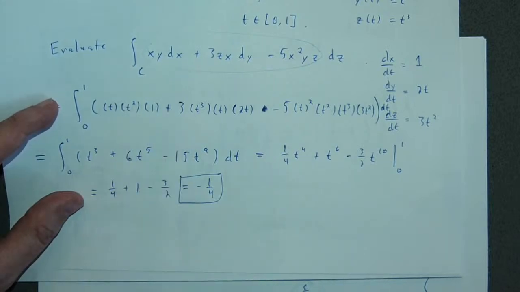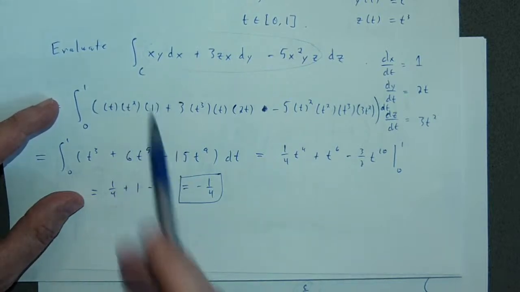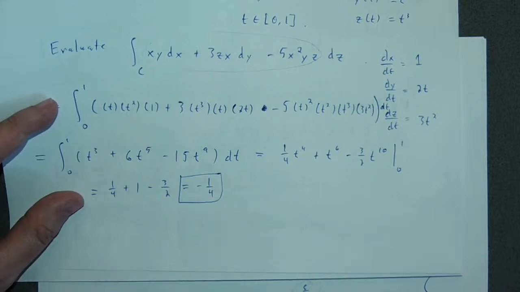Now I have to compute the derivative of this thing and multiply by x and y, and then I add to that 3 times z, which is t over t squared plus 1, times x, which is this minus cosine of pi times t to the 4th, times dy, which is the derivative of this thing, minus 5 times this thing squared times t to the 5/3 times t over t squared plus 1 times dz dt, which is the derivative of this thing.